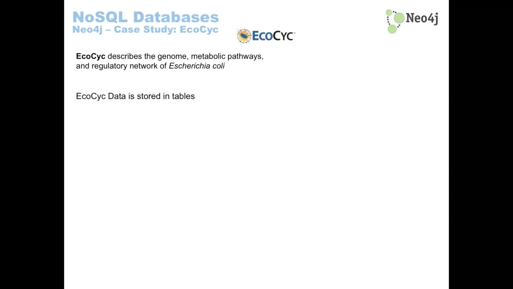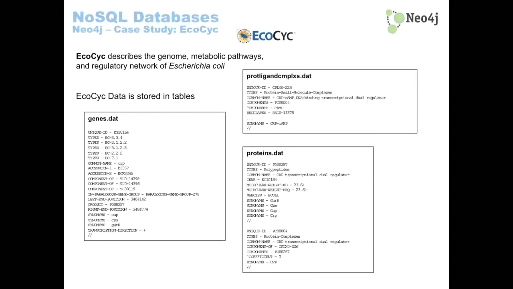And the data is stored in tables, and the tables look something like this. So this is one entry from a table called genes, another table down here called proteins, and this table up at the upper right is protein ligand complexes.